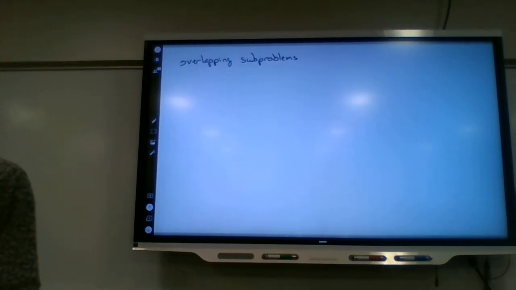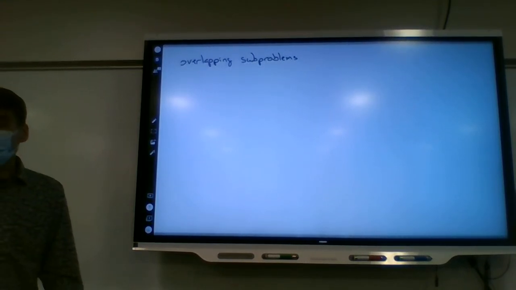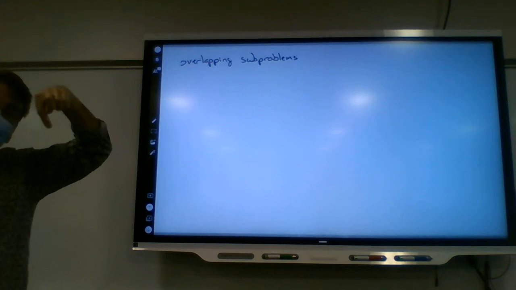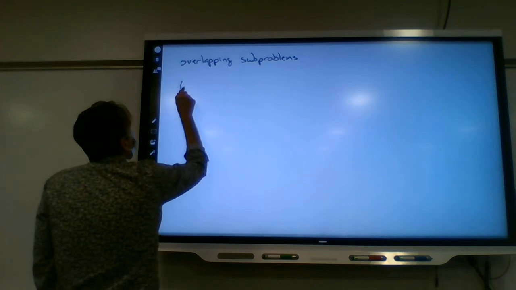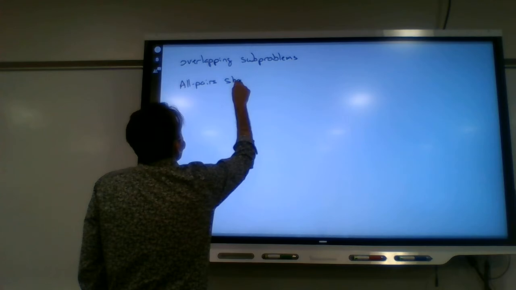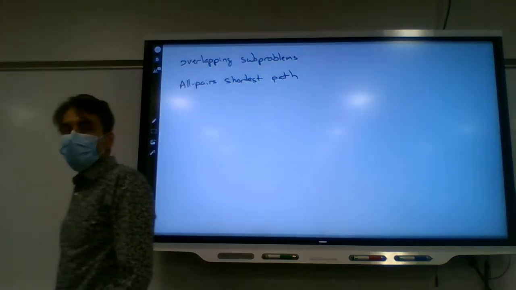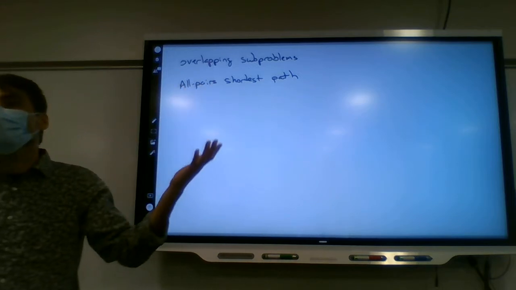Okay, so we're going to look at an algorithm that was designed, unlike Dijkstra's algorithm, for single source shortest path, so the shortest path from here to all those other places. We're going to look at a problem that is the all pairs shortest path. For all pairs shortest path, our algorithm at the end will not just tell us the shortest path from A to F like we had in an earlier example.